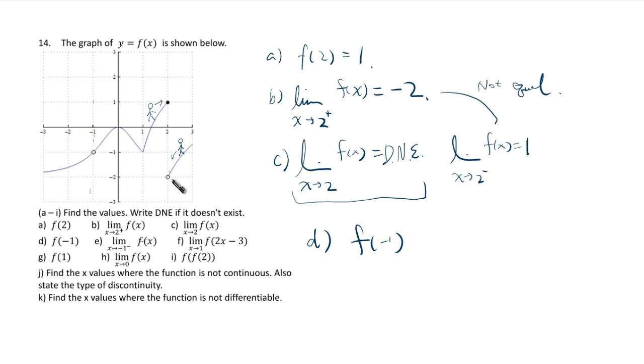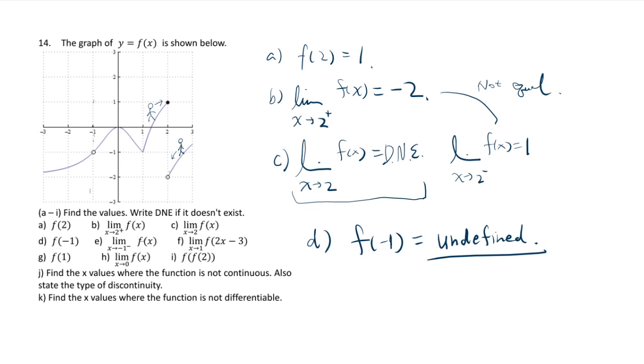So in that case, what we say is that the value does not exist, but a more appropriate way to say it is the function f is not defined at negative 1. So we say undefined. Okay, and that's a better way to say it.